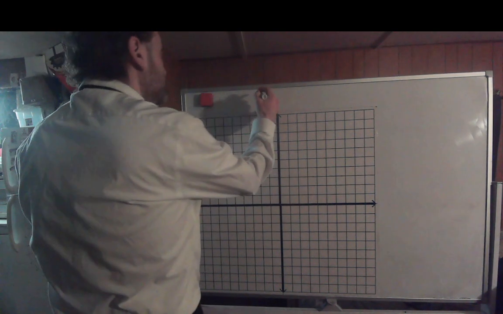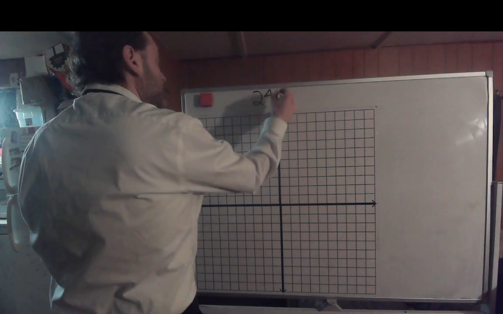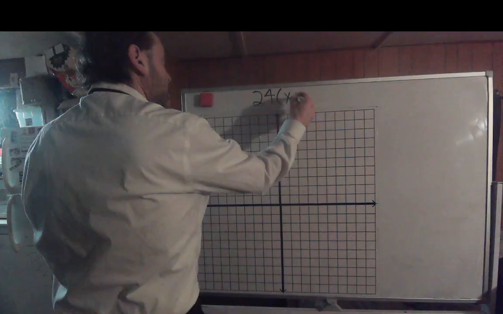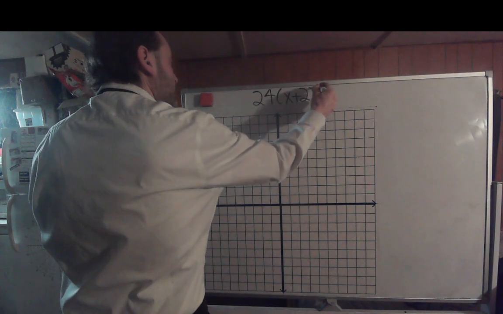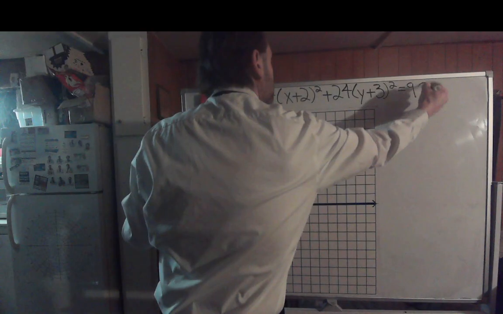Good one. So we have 24 times (x plus 2) squared plus 24 times (y plus 3) squared equal to 96.